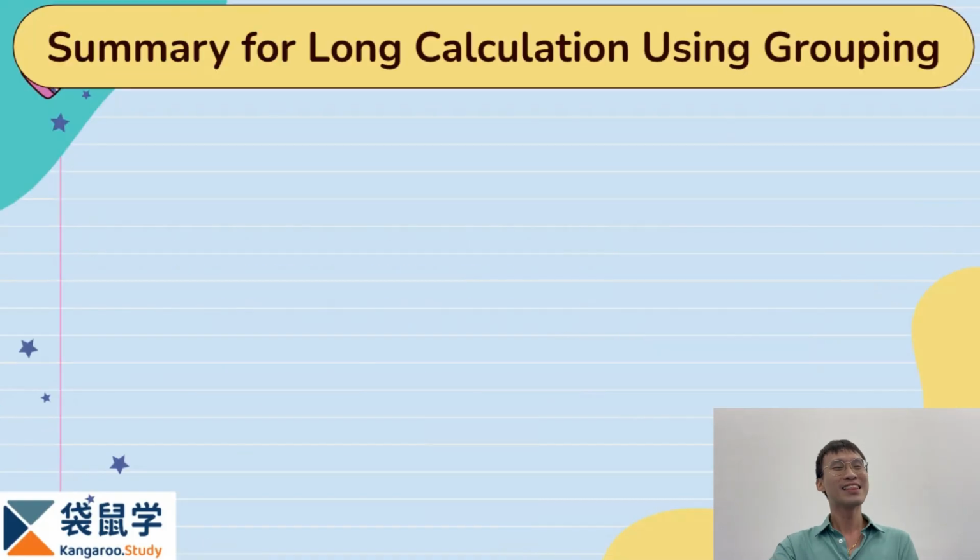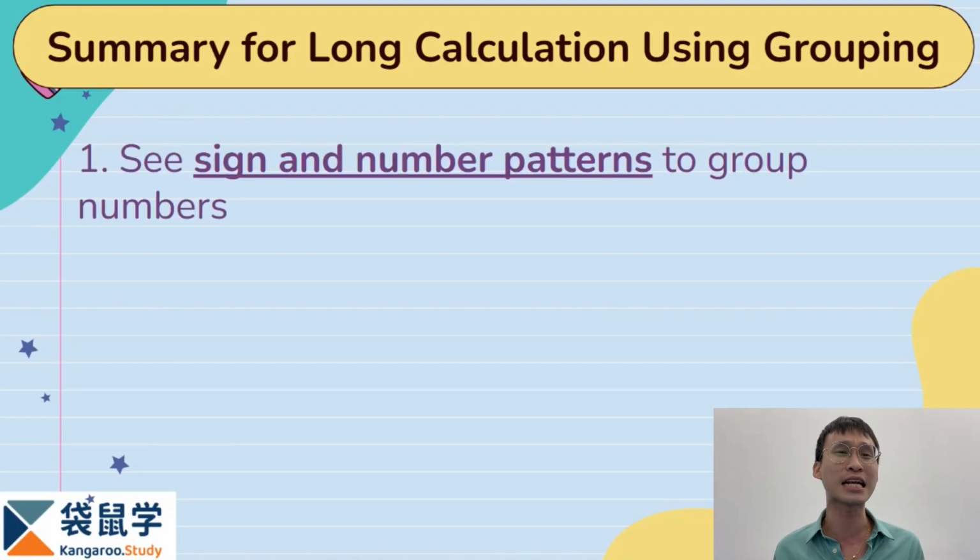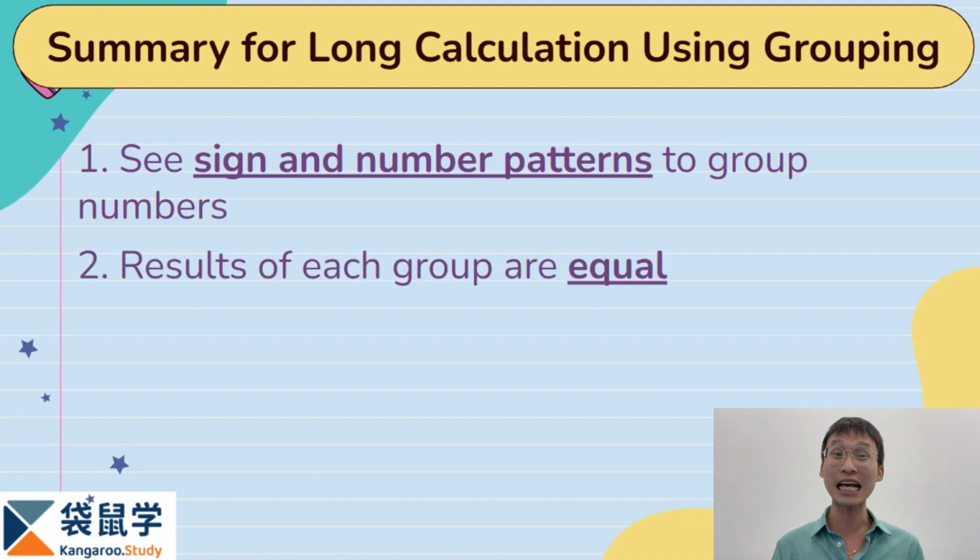Exactly. Now, let us do a summary for long calculation with grouping. Firstly, what do we use to group numbers? Exactly, we use the repeating signs and their number relationship as a guide to group these numbers. Moving on, what are the results of each number group usually? Very nice, they are usually equal or they show a certain pattern.